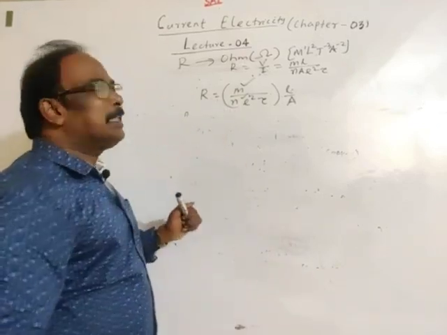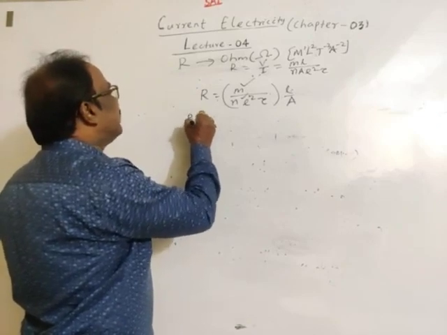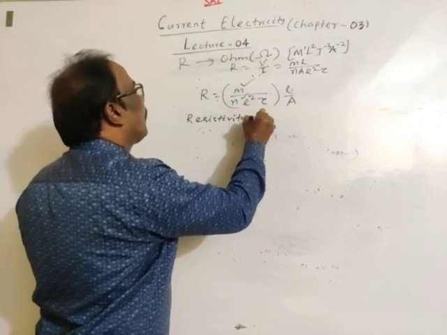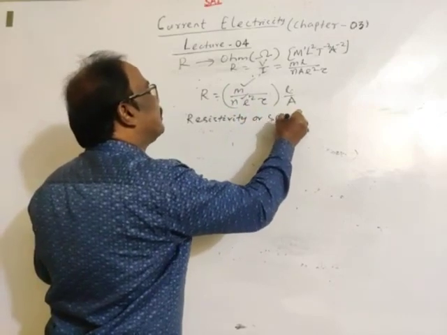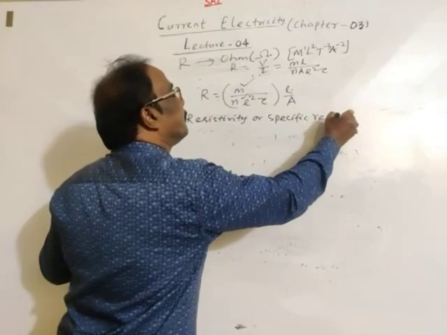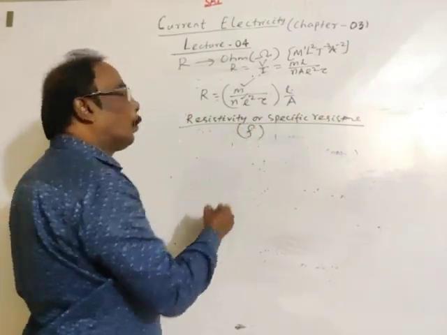Now, this is about resistance. Then, the next heading is resistivity or specific resistance. The symbol is rho.